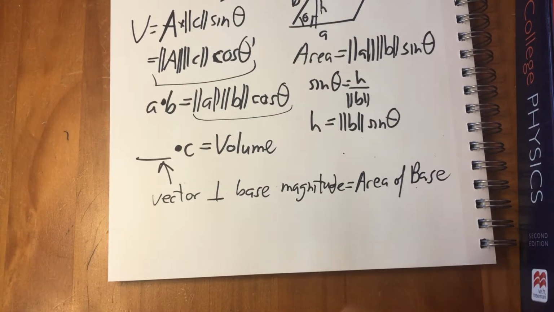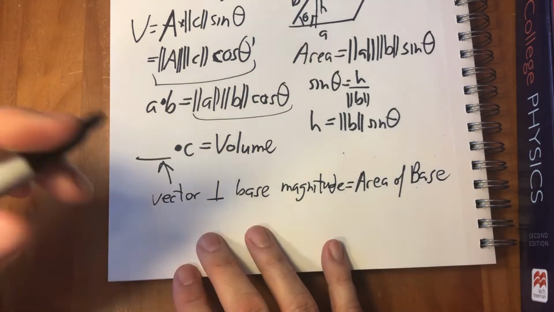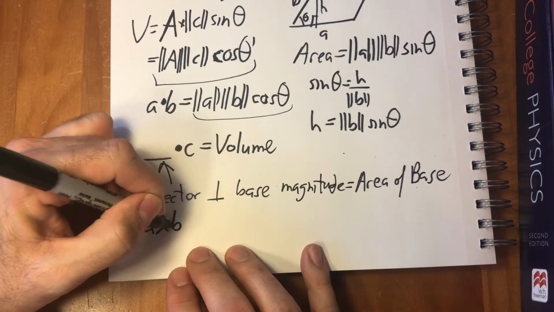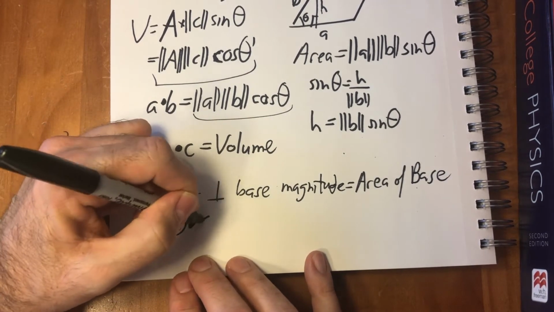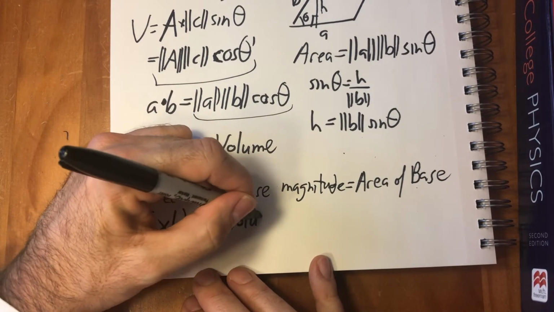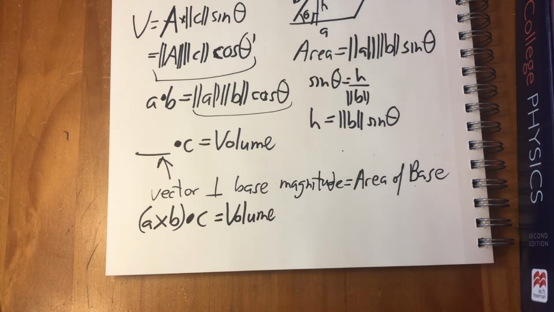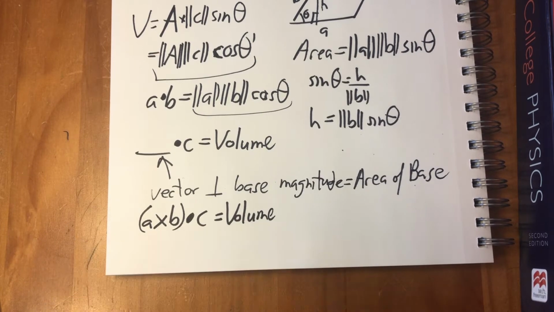Okay? So I'm just going to call that A cross B. Okay? So we don't know what this is yet, but we know what it represents.